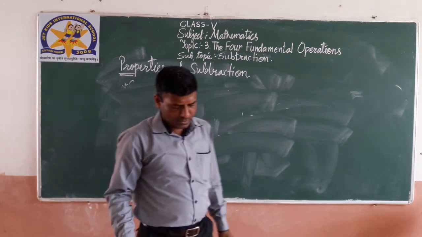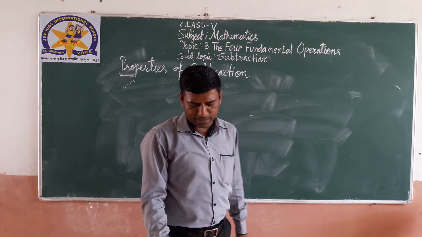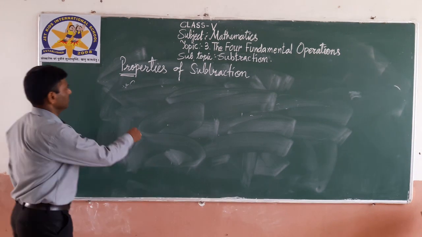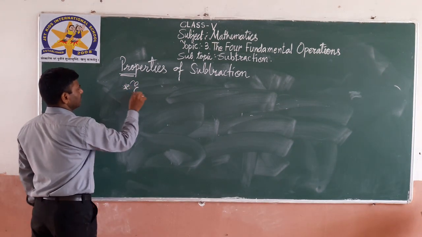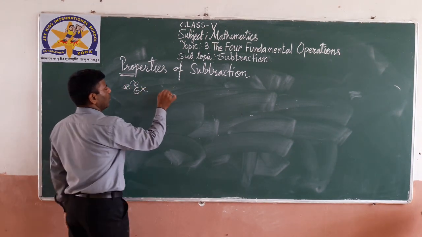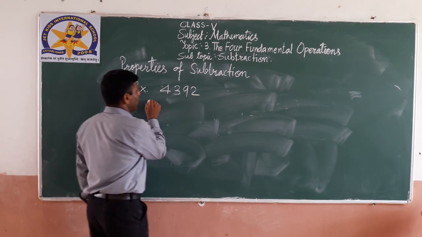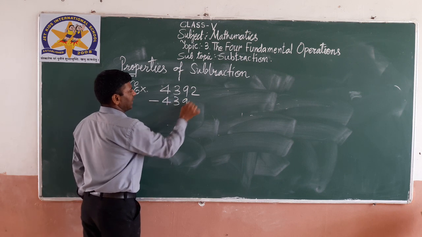Now another: when a number is subtracted from itself, the difference is 0. For example, 4392 minus 4392.